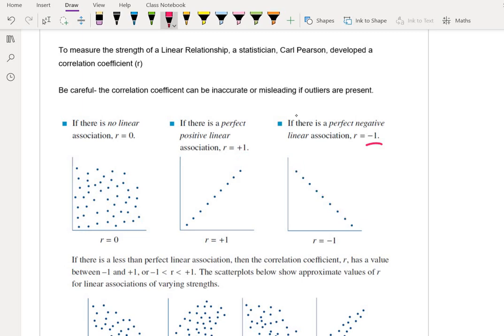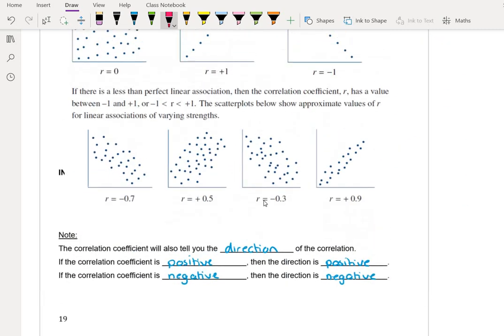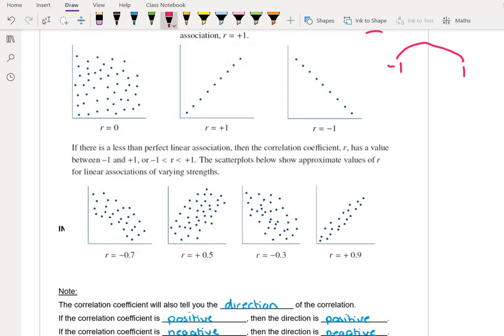So the scale only goes from -1 all the way to +1. There are numbers between those two. As you get closer to -1, you have a stronger negative association. As you get closer to +1, you have a stronger positive association.